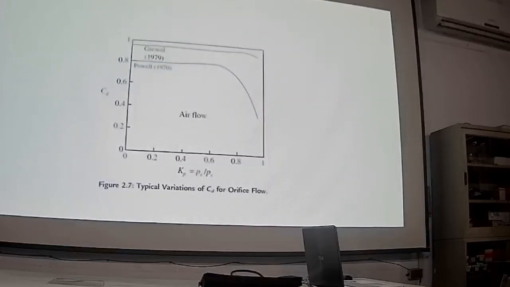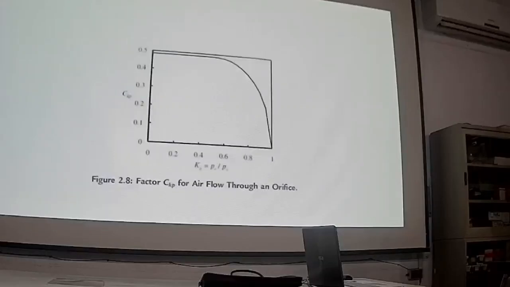So typically the discharge coefficient. Most of the experimental research was done in the 70s or 80s to give you some reference numbers for the discharge coefficient. This is the KB factor, that's a KB for air flow through an orifice.